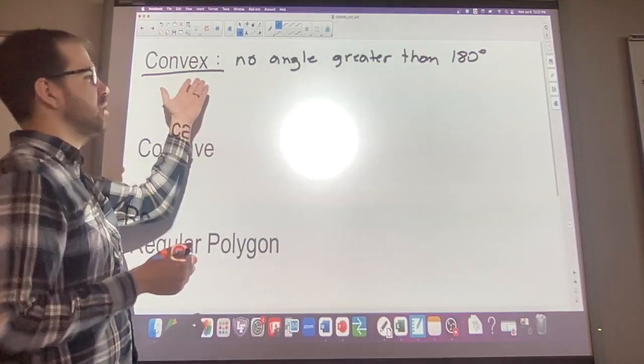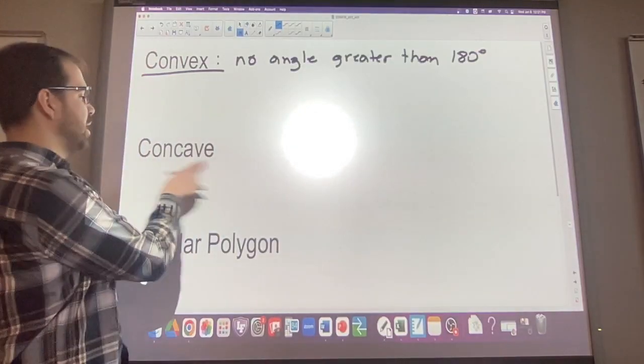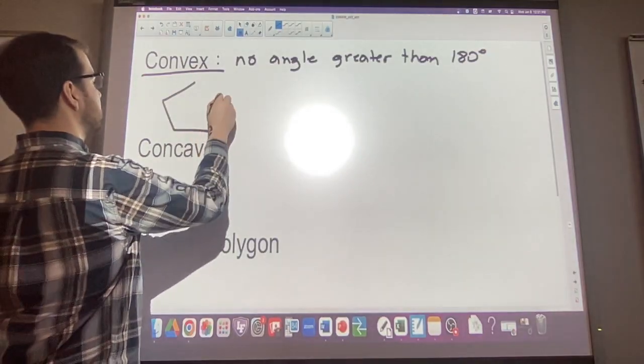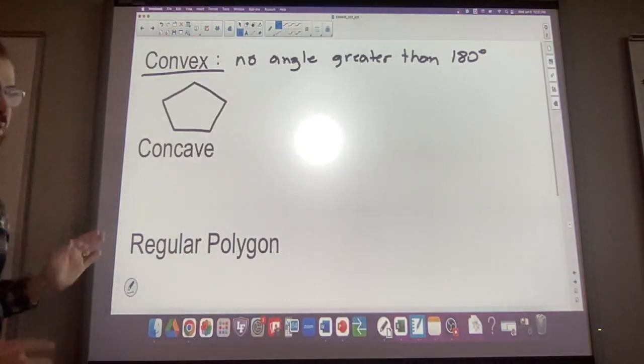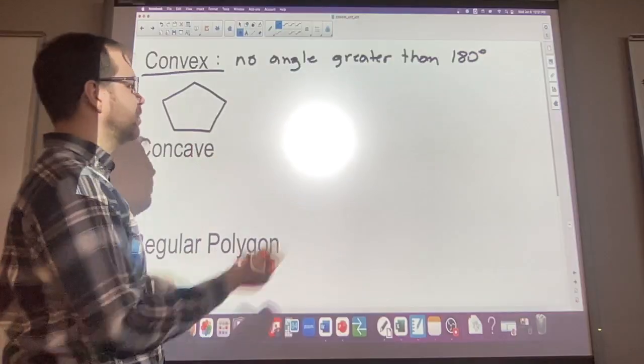Let's do a convex one, and then I'll show you when that might not be the case or be concave. Keyword here is cave. It sort of caves in on itself. So this would be convex. All these are going to be less than 180. So remember, 180 is a straight line, so they're going to be sort of less than being a straight line.